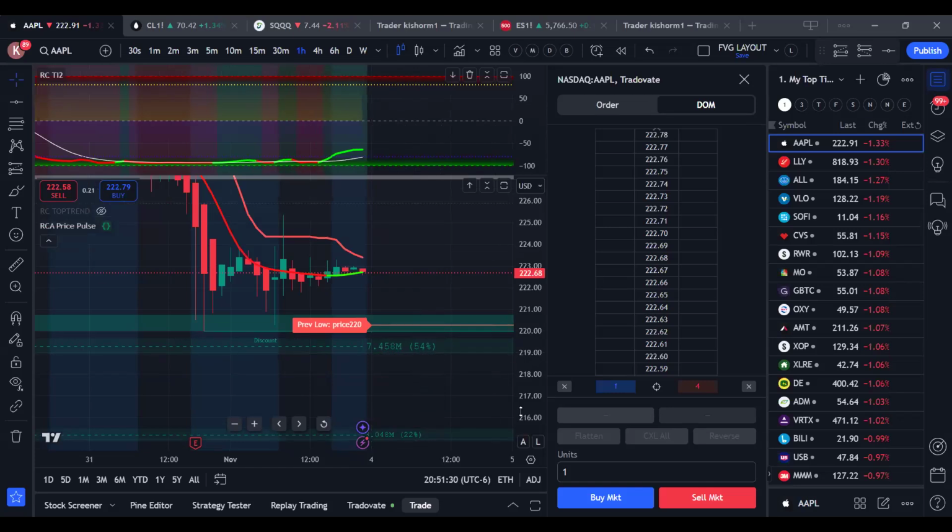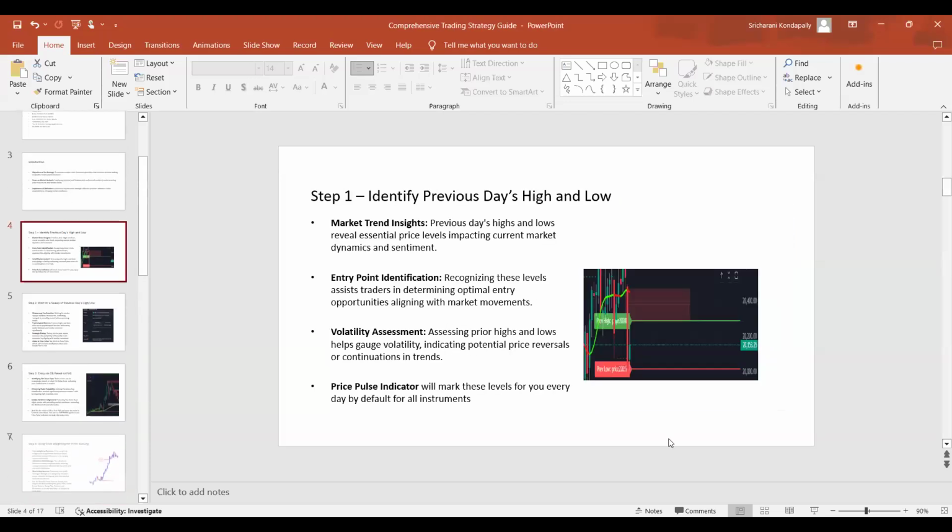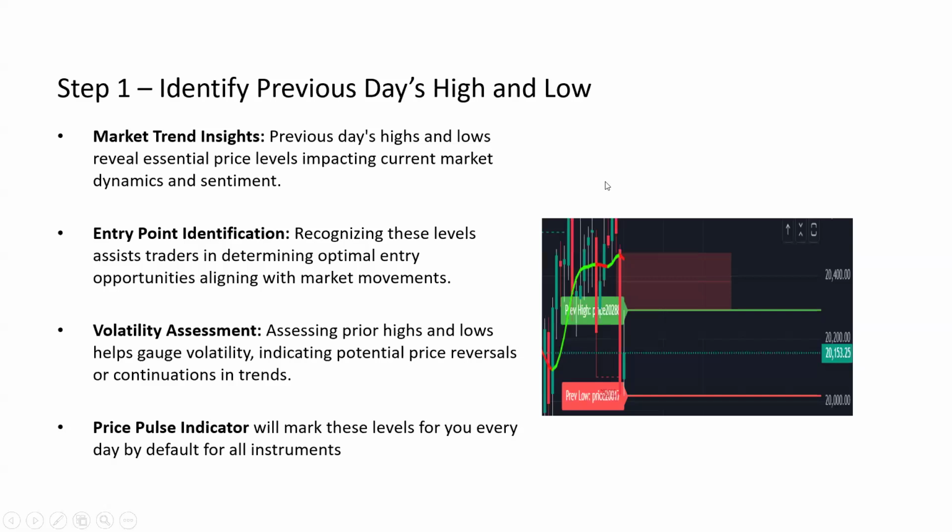Like that, if you follow those three rules consistently, I'm sharing those one more time. Identify the previous day high, previous day low, either for futures or stocks or for currencies, whatever it is.